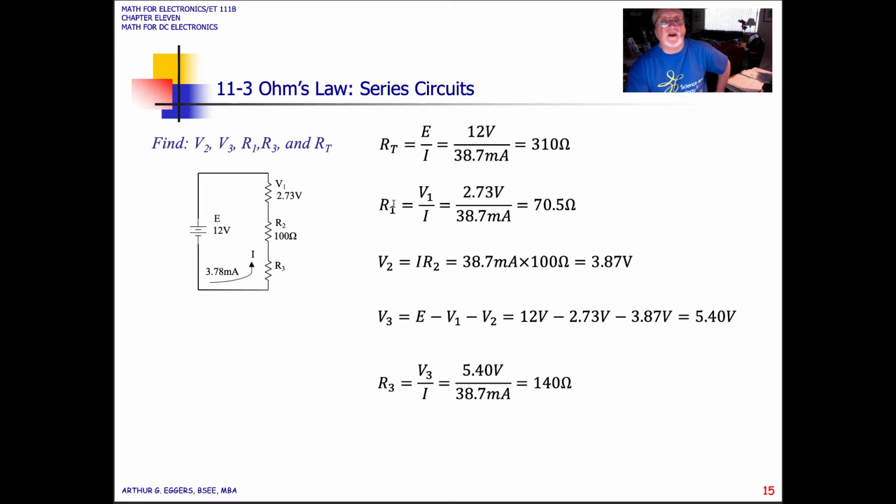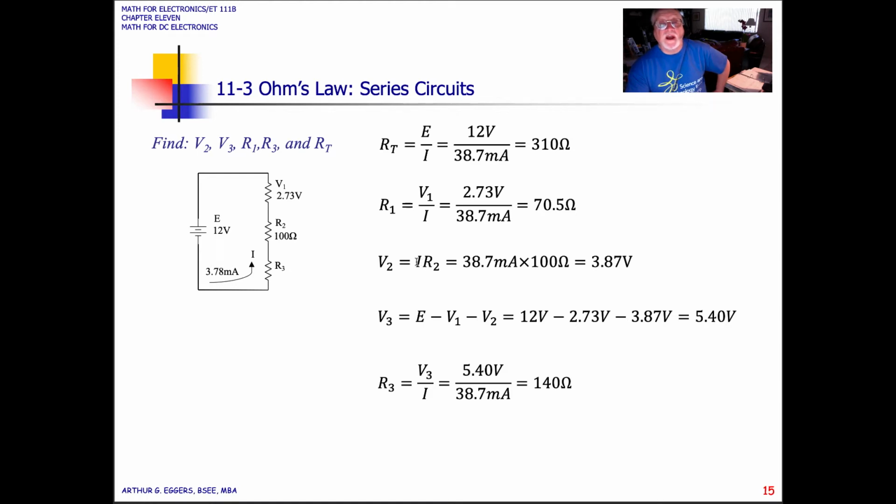Now I can solve for resistor R1 since I know the voltage drop across the resistor, given 2.73 volts, and I know the total current through the circuit, 38.7 milliamps, which gives me a value of 70.5 ohms for R1.